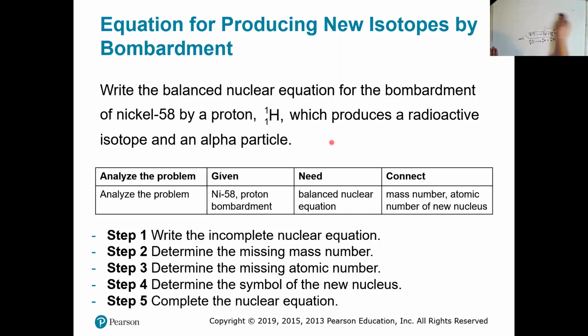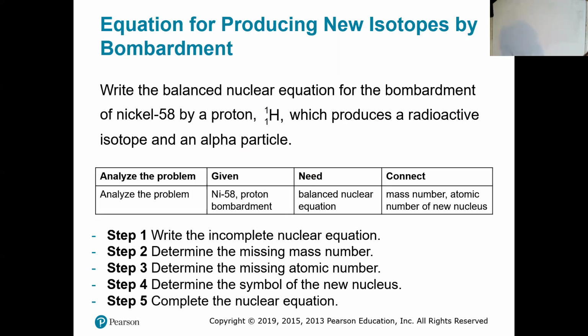A lot of these look very wordy, but you just have to write down the exact information that's given and then find the missing piece of information the same way that we have already done with our radioactive decay processes. So you have the problem here.